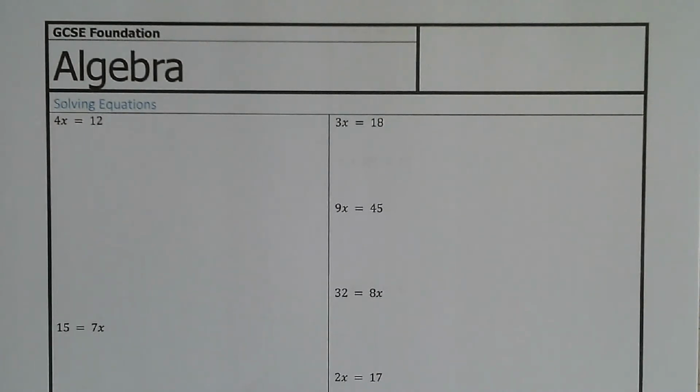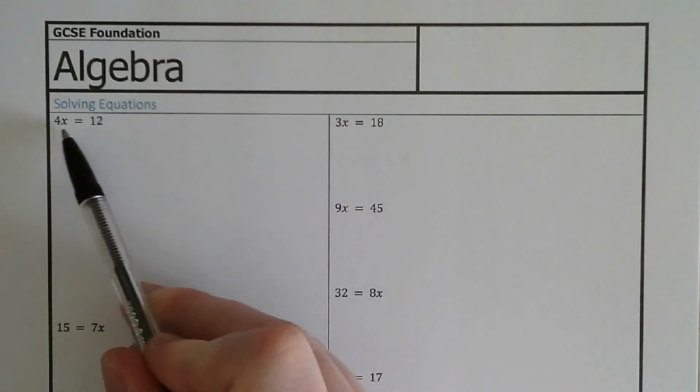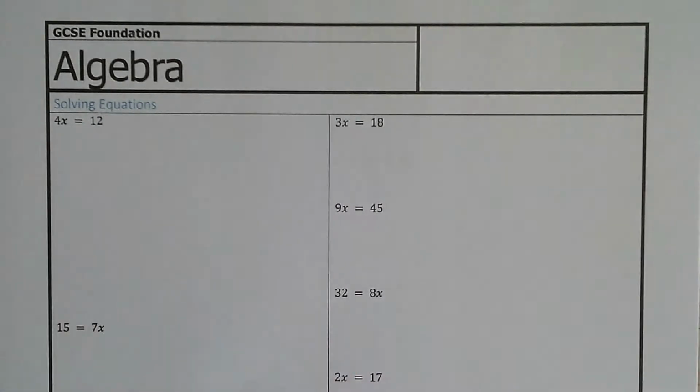To solve equations, we need to isolate the term and then isolate the variable. The term that contains x, which is 4x, is already isolated on the left-hand side of the equation. So we go straight to isolating the variable, which is x itself.